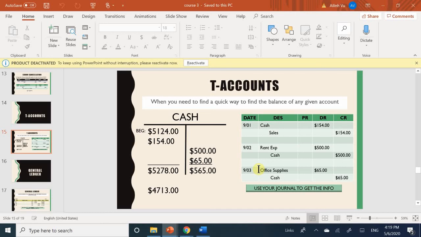So here I just do a quick simple T account. I debited the account by $154, and then I credited my account by 500 and then 65.